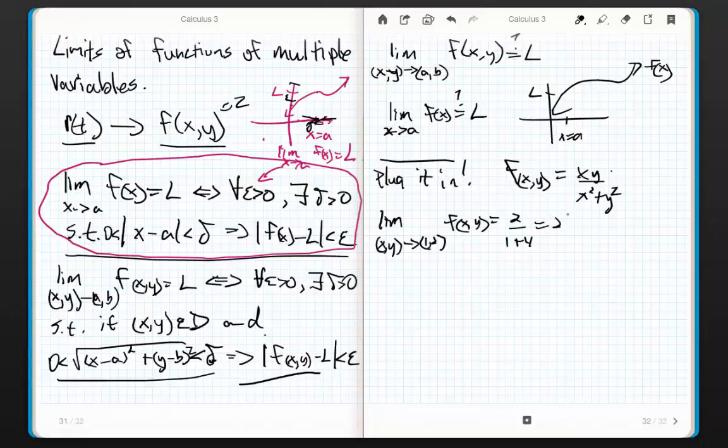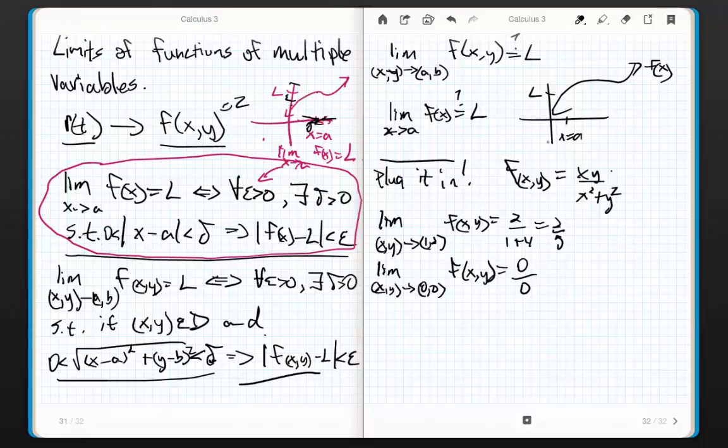This is 2/5. I'm happy as a pig in poop. Nothing to it. However, what if I want to take the limit as xy approaches 0, 0 of f of xy? Now I'm in trouble because I plug in 0 over 0, I'm dead.